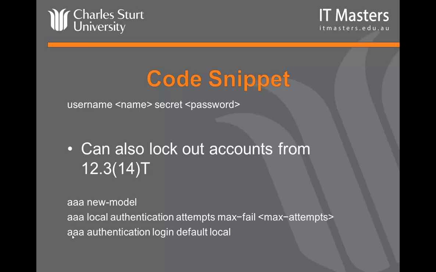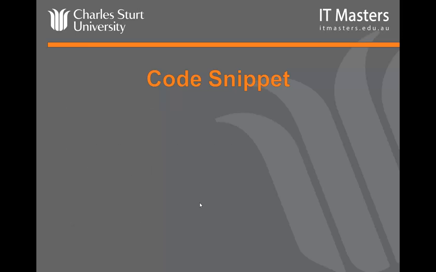Your authentication method for login is by default local accounts. So what this configuration is basically saying is we're going to use local accounts for authentication. If we fail a certain amount of times, whatever that maximum attempt is, then you're out. You're locked.